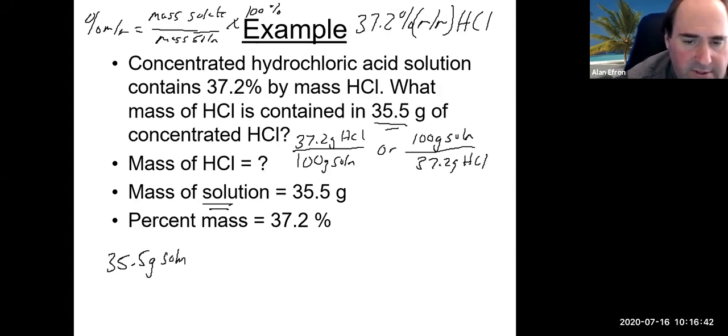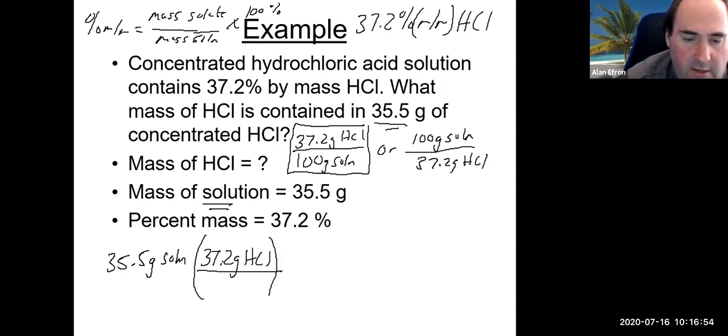We want the solution to cancel out, so we want to use a conversion factor here on the left. And that would get me 37.2 grams of HCl over 100 grams of solution.